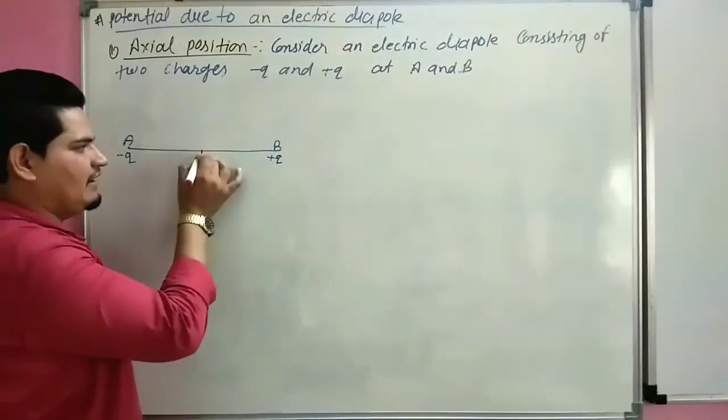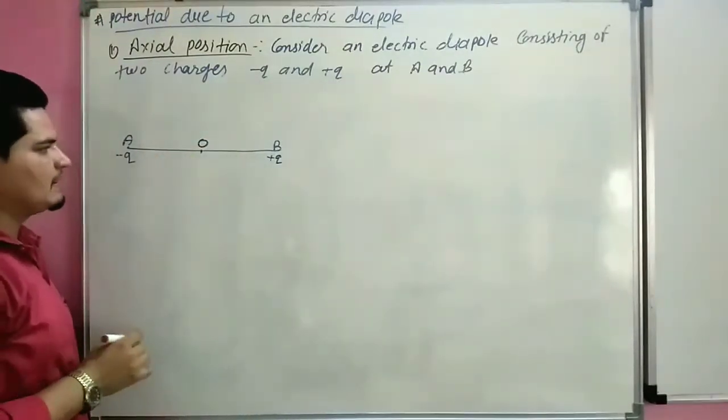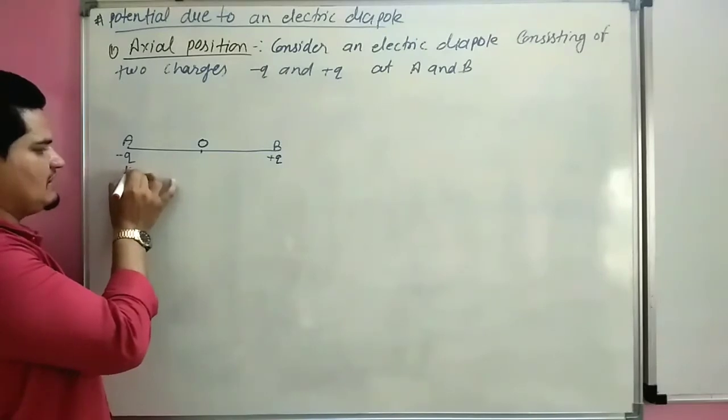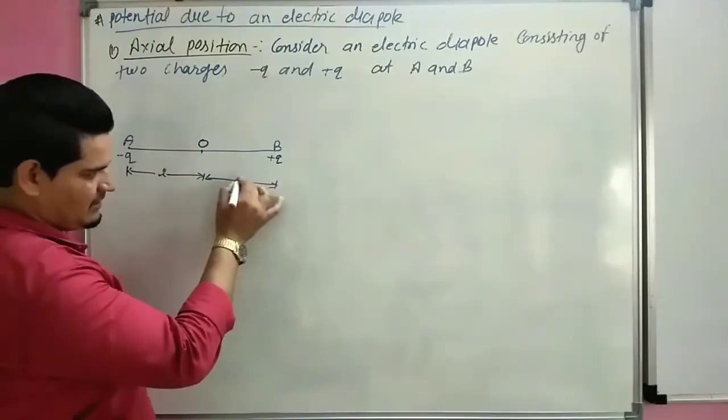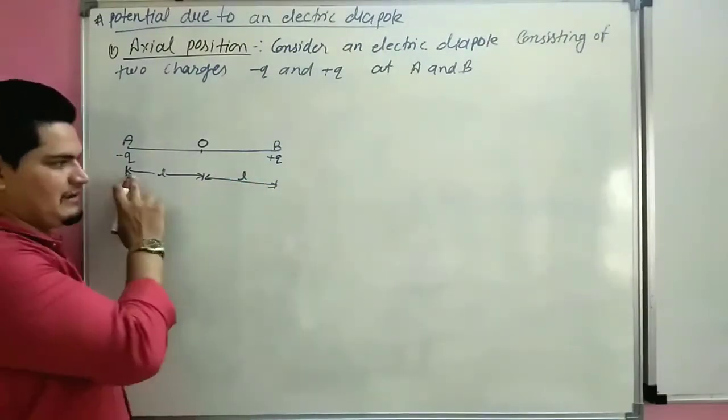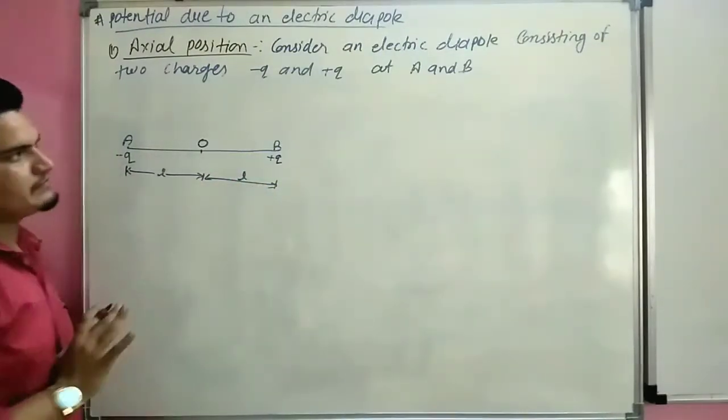This is the center of the electric dipole, O. This distance is called small a, this distance is also small a. The total distance is 2a.